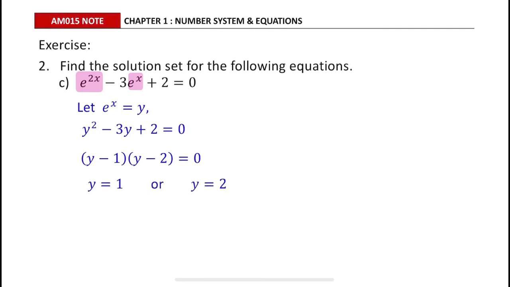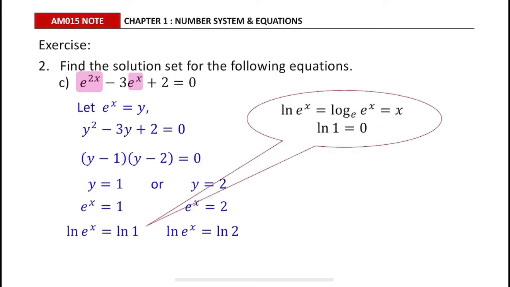After that, change y back to exponent x. We can solve these equations by taking ln both sides. We know that ln is a natural logarithm with base e. So ln exponent x is actually equal to x, and ln 1 equals 0. So the answers are 0 or ln 2.